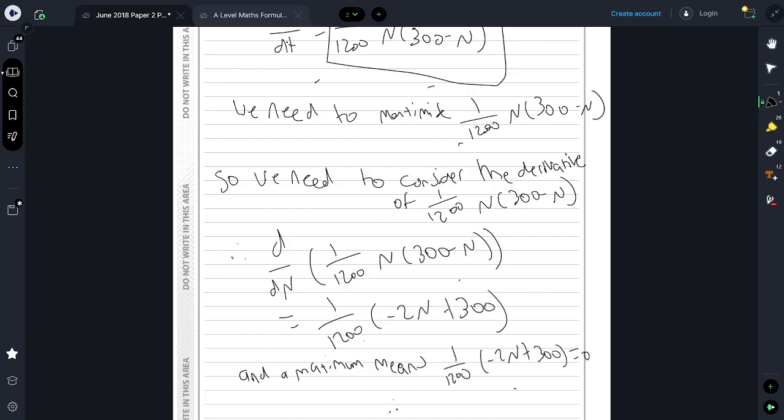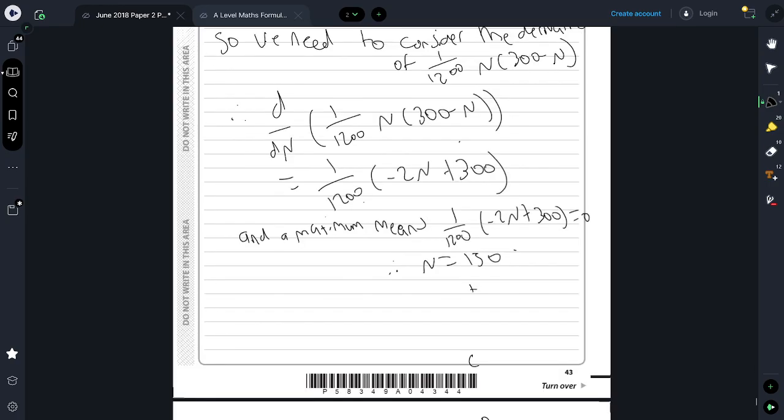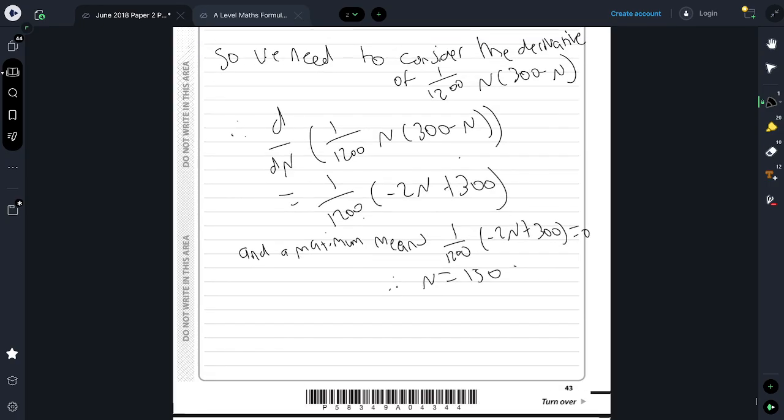Equals 0, which then means n has to be 150. So minus 2n plus 300 is 0, so 2n is 300, so n has to be 150. Which kind of makes sense with the question, if you pay attention.